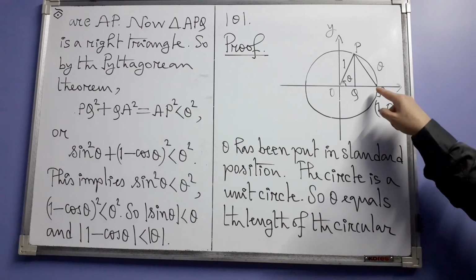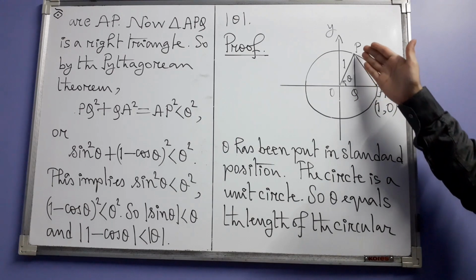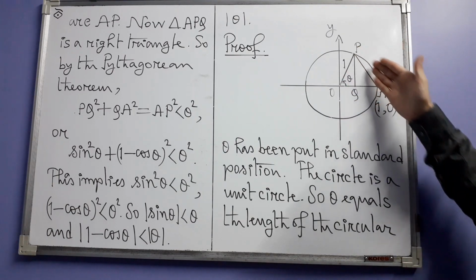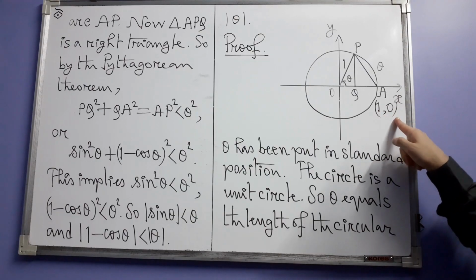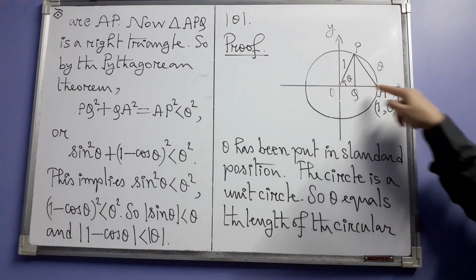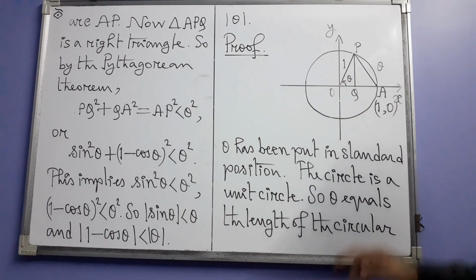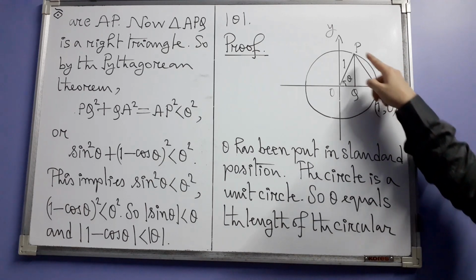Now you concentrate on the right angled triangle. You can understand we have joined O and P and A, where A is this point 1 comma 0. We have also drawn a perpendicular PQ from P on the x-axis. Now you concentrate on the right angled triangle APQ.